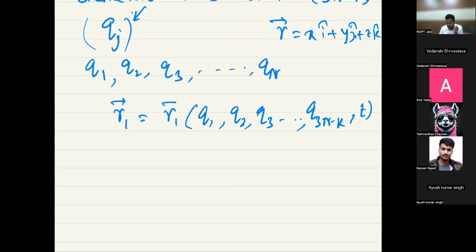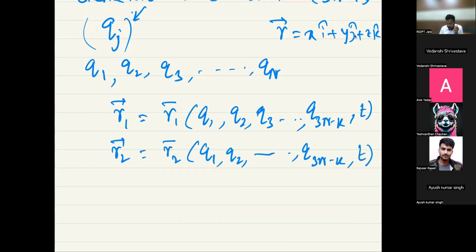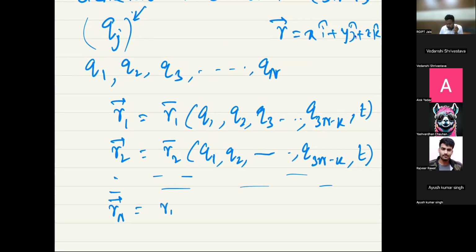You can write r2 equal to q1, q2, dot dot qn, 3n minus k, t. And you can write for all of these. If you have rn, you can write rn in terms of q1, q2.